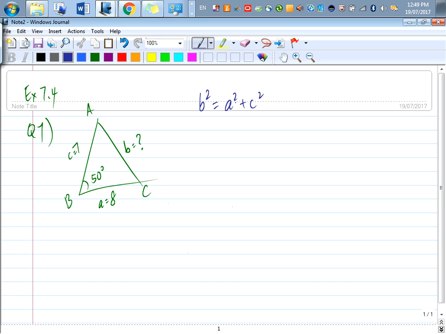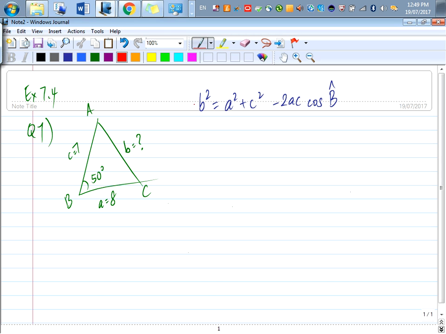b square equals a square plus c square minus 2ac cosine B. Okay, and so we have seen 3 different variations of our cosine rule. Basically, it's just the letterings. All the A, B, C, you must know where they belong.